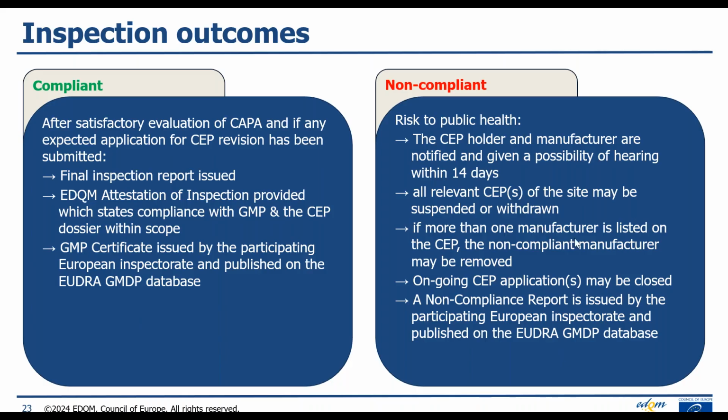If there's more than one manufacturer listed on the CEP, the non-compliant manufacturer may be removed. So there may be other compliant manufacturers listed on the CEP, which obviously wouldn't be affected by the non-compliant site. It just depends on the situation and what manufacturers are involved for that specific CEP.